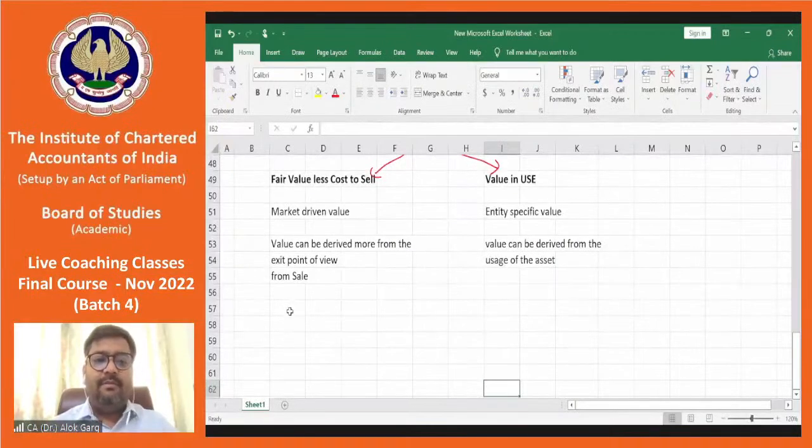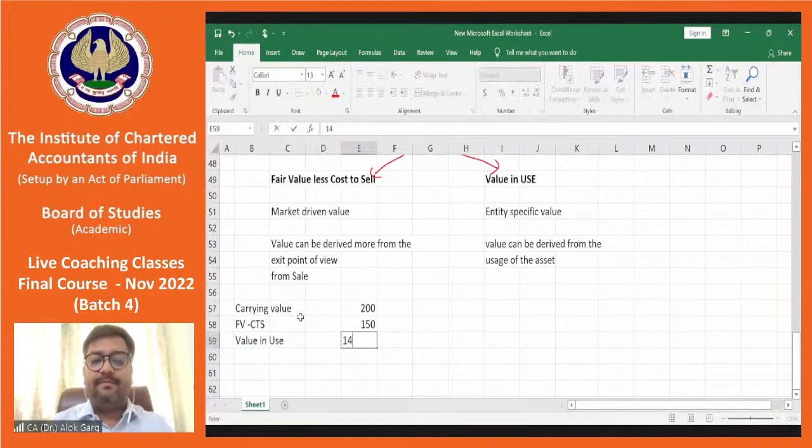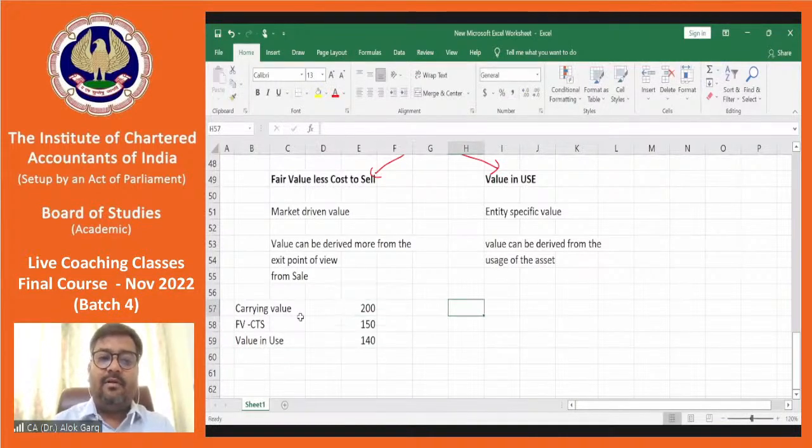Now, tell me one thing. So my carrying value for an asset is, for example, 200 rupees. My fair value less cost to sell is, for example, 150 rupees. My value in use is 140 rupees. So what is my recoverable amount?